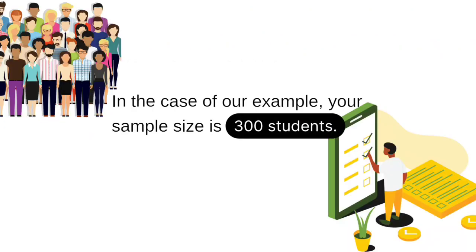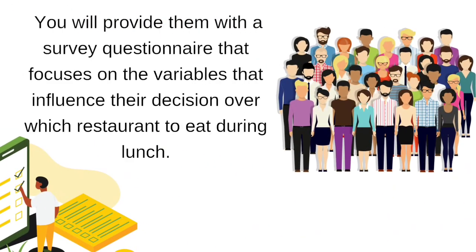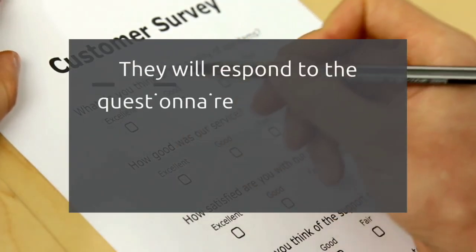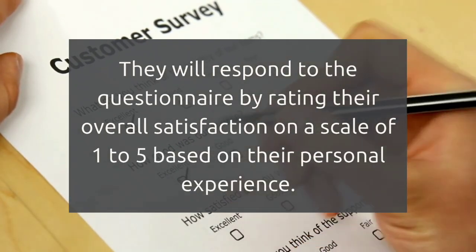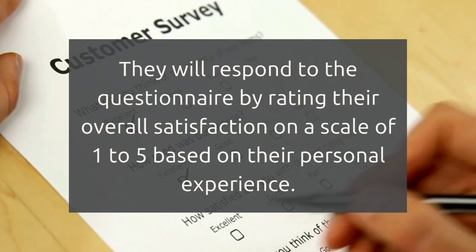In the case of our example, your sample size is 300 students. You will provide them with a survey questionnaire that focuses on the variables that influence their decision over which restaurant to eat during lunch. They will respond to the questionnaire by rating their overall satisfaction on a scale of 1 to 5, based on their personal experience.